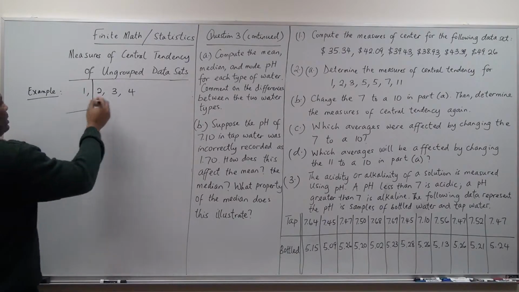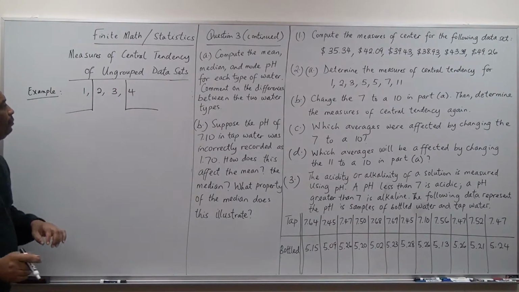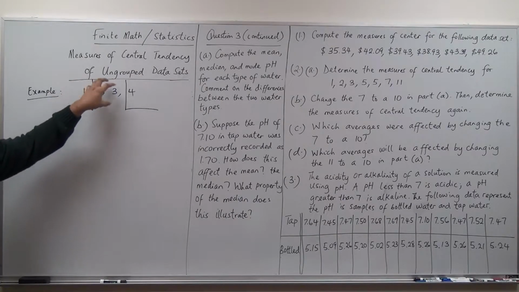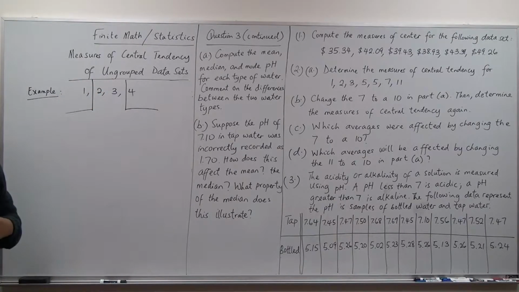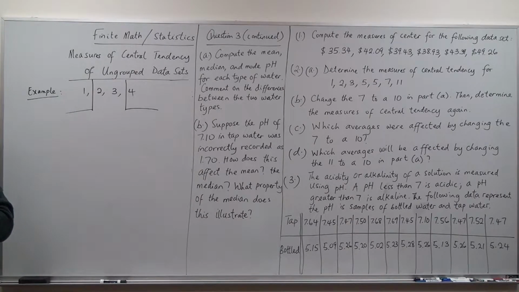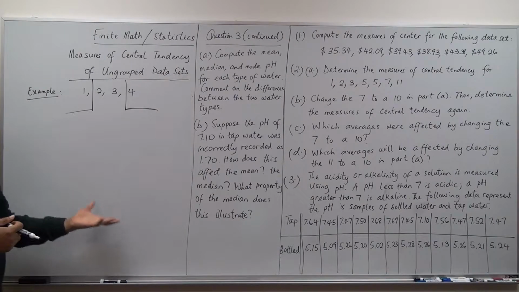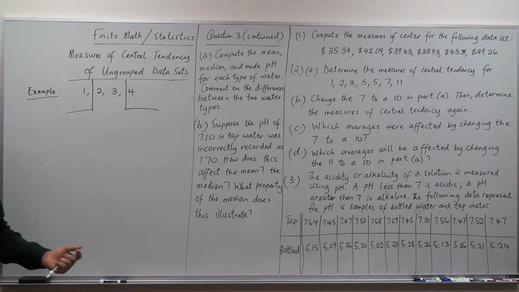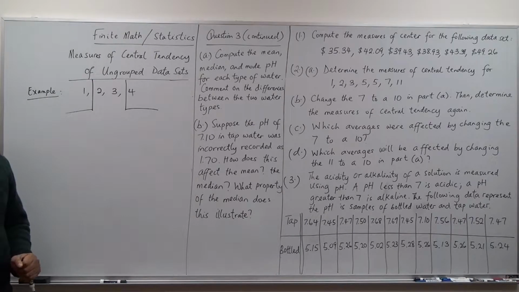You count this off, you count this off. So 2 values are now in the middle, unlike when you have an odd number of data set values. When you have an odd number, only 1 value is in the middle, so the median is just 1 value.